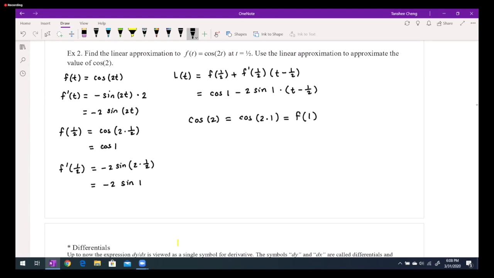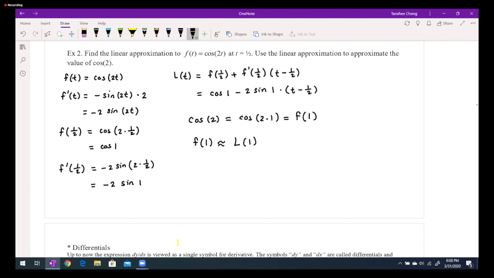Okay? We are evaluating the f function at 1. Only if I know which input value we are evaluating can we talk about the linear approximation. So now I can say that f of 1 can be approximated with the linearization function at 1. So this is the linear approximation.